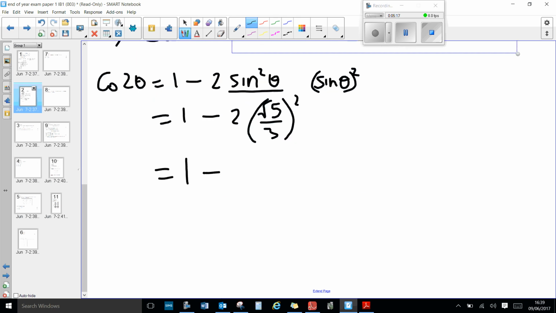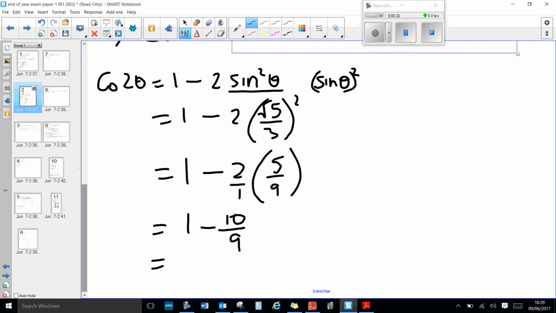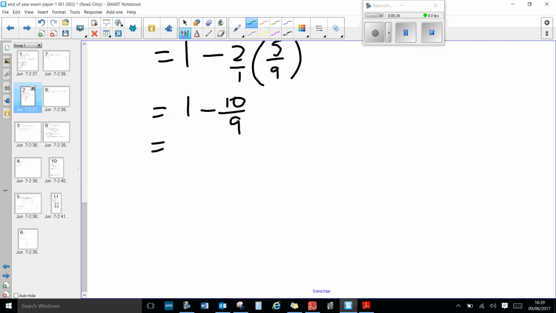So that's 1 minus 2 lots of root 5 squared is just 5, 3 squared is 9. So 1 minus, and we know this is 2 over 1, so this gives us 10 over 9. And 1 whole 1 subtract 10 over 9. Well, if you want to be pedantic, you can write 9 over 9 minus 10 over 9, which gives us negative 1/9. Okay?